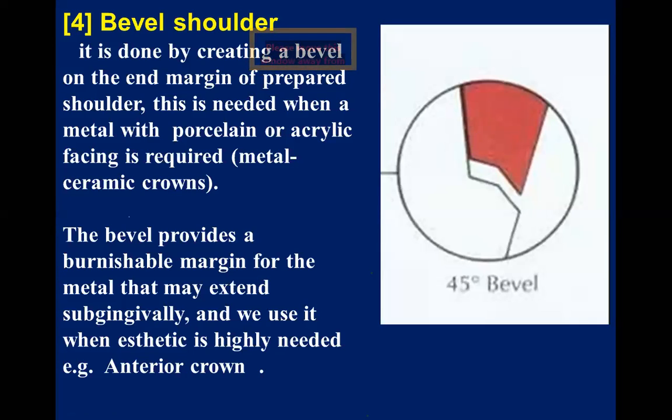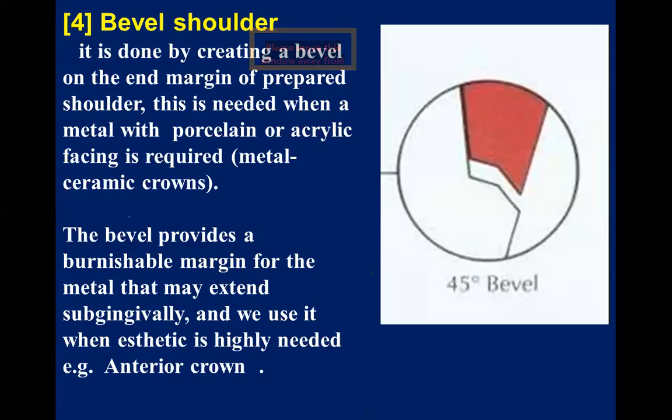So here we can put a metal, and this metal will be burnished on the beveled margin like the chamfer or knife edge, and then the rest of the space we can cover with a ceramic material. So we gain two things.